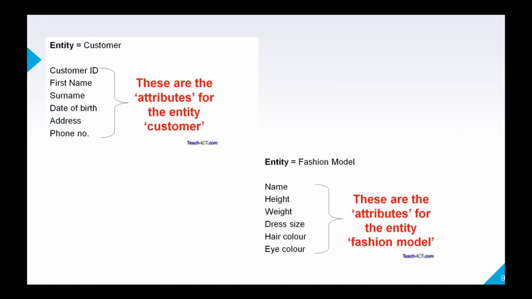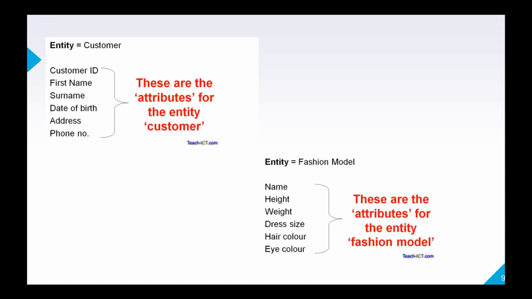So again, this is an example of an entity and attribute. Here we have an example of a fashion model and a customer. For a customer, you have the entity, customer. You have the attributes, of course, their ID, name, first name, could be a middle name as well, surname or last name, date of birth, address, phone.